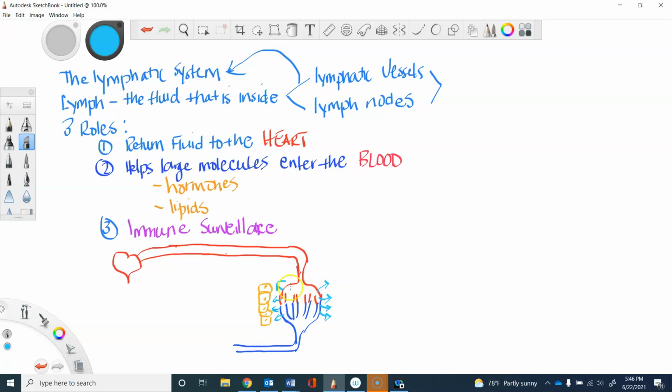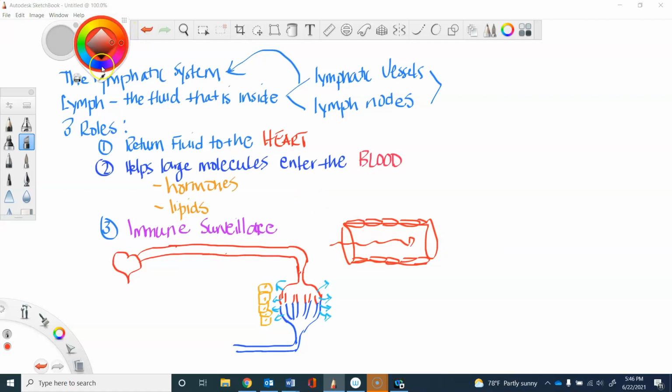Because remember, capillaries. So if we look at a capillary here, just don't forget, the capillary is one cell layer thick in its walls, those squamous cells, the endothelium, and they're kind of leaky, right? So as blood is coming through here, we've got stuff coming out into the interstitial space.